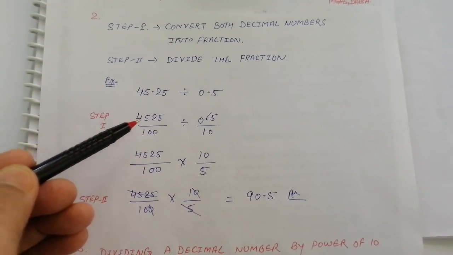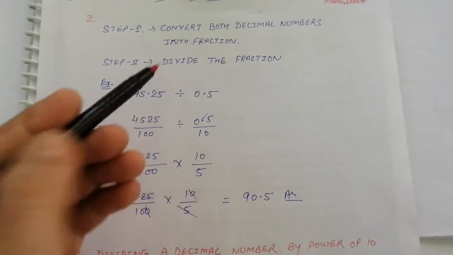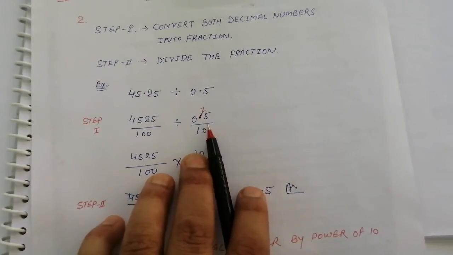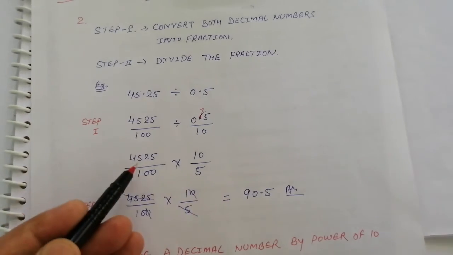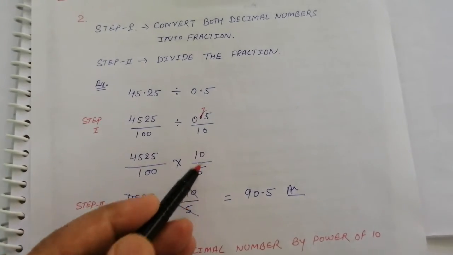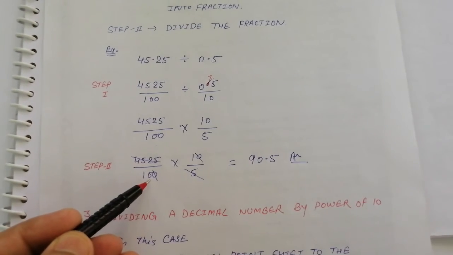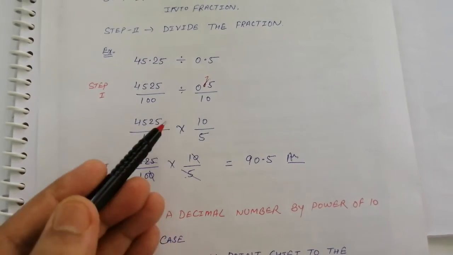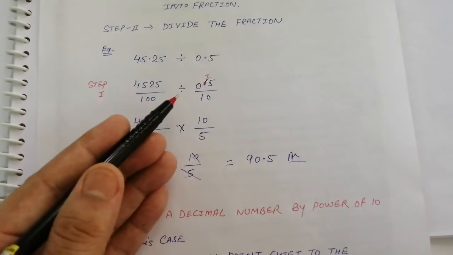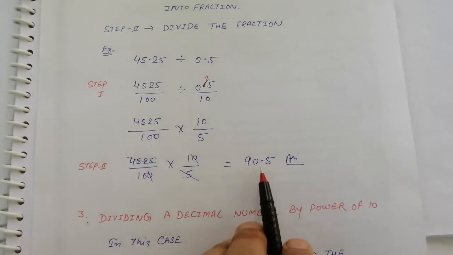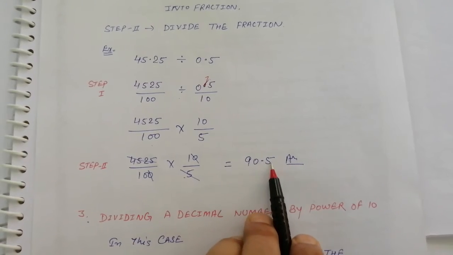This is a conversion. Also 0.5 must be 5 upon 10. Now 4525 upon 100 multiplied by 10 upon 5, because we change the method from division to multiplication. The answer is 90.5.